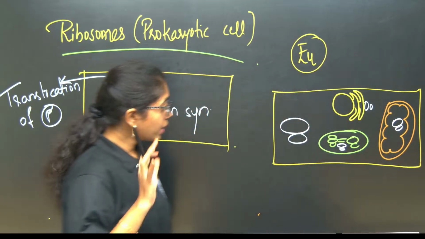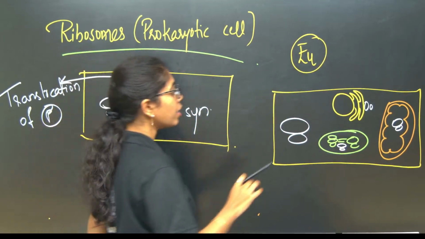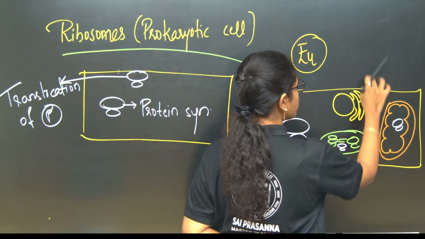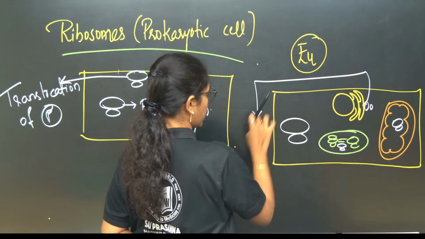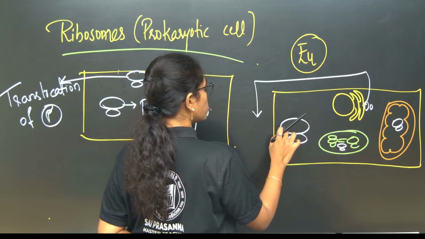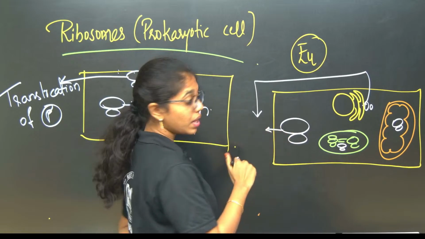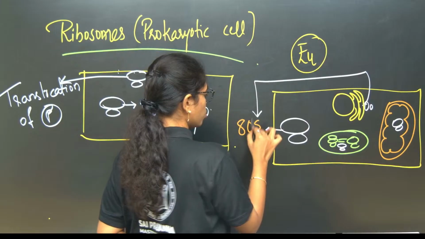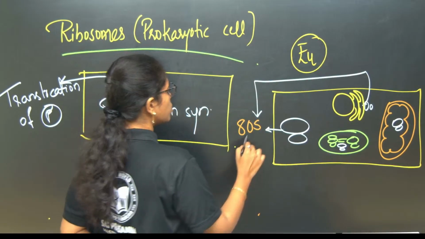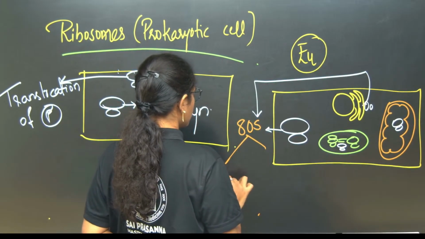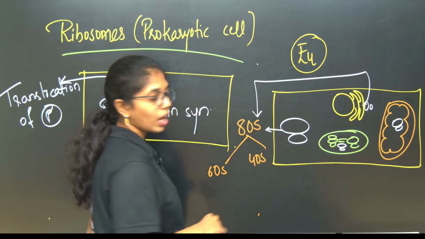Fine, right? So, here you have to be very clear that those ribosomes which are attached to the rough endoplasmic reticulum and those present in the cytoplasm are 80S ribosomes, with 60S larger subunit and 40S smaller subunit.